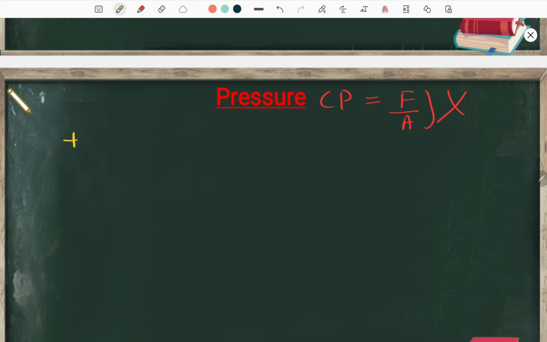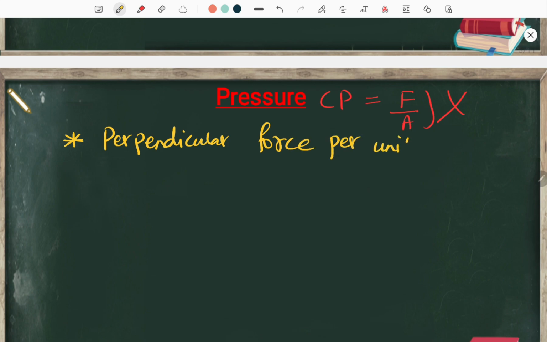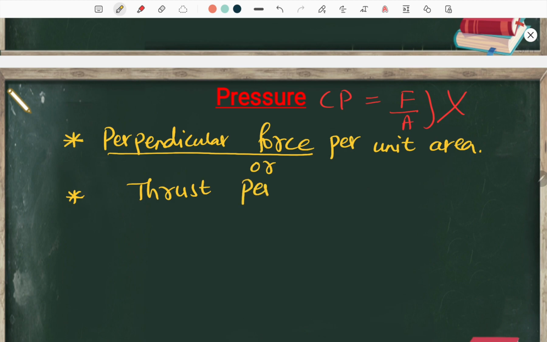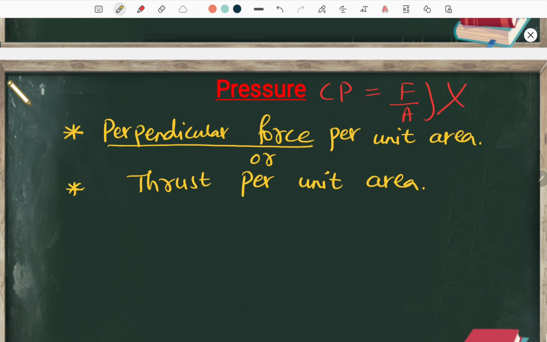Pressure is nothing but perpendicular force per unit area. Or you can give one more definition: perpendicular force means thrust only. So thrust per unit area is known as pressure.